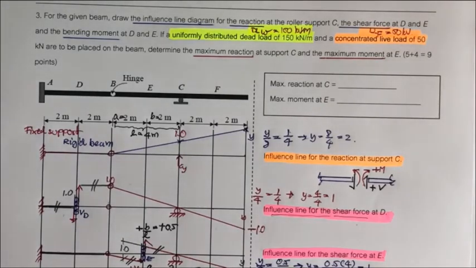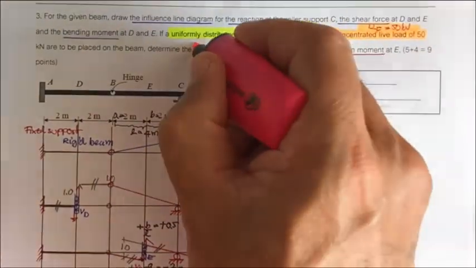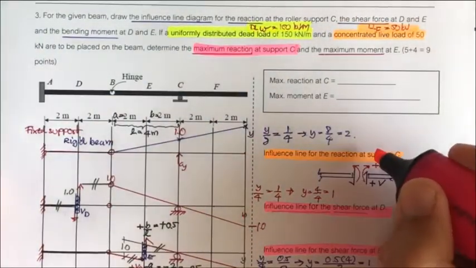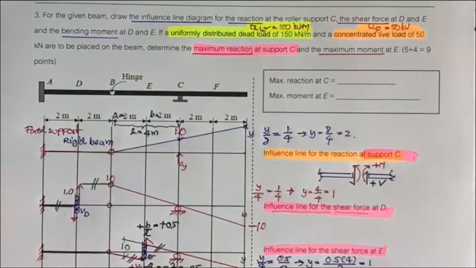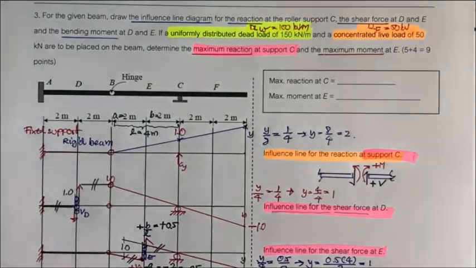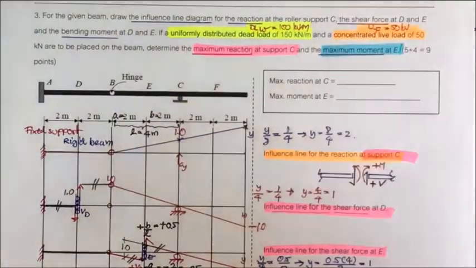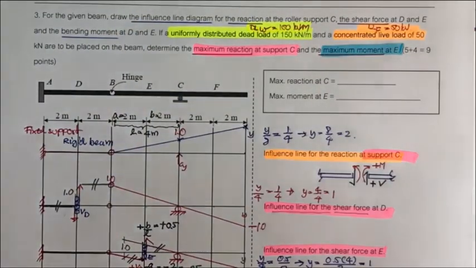Okay, let's ask first, they ask us to find the maximum reaction at support C. That means we're going to use this influence line as support C. And then they ask us for the maximum moment at E. So we're going to use the influence line of the bending moment at E, right?